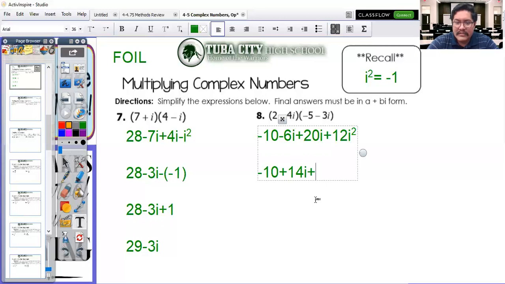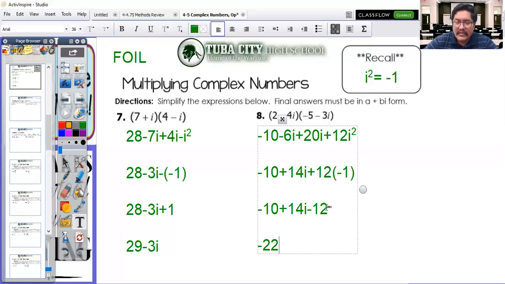All right, so plus 12, and then i squared is going to be replaced with negative 1. So that's going to be taken out and replaced with negative 1. Negative 10 plus 14i. In this case, the 12 would change to a negative because it used to be a positive 12, but times negative 1, you get negative 12. Now that makes a second real number.